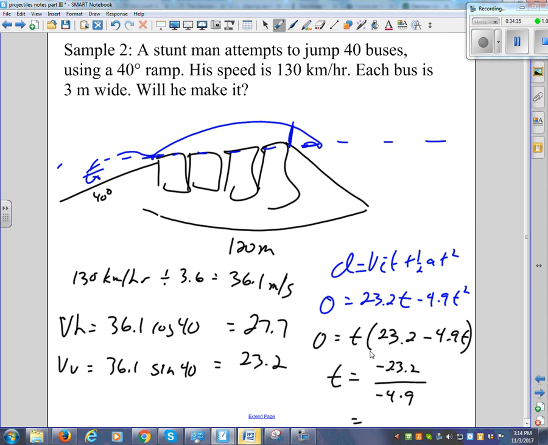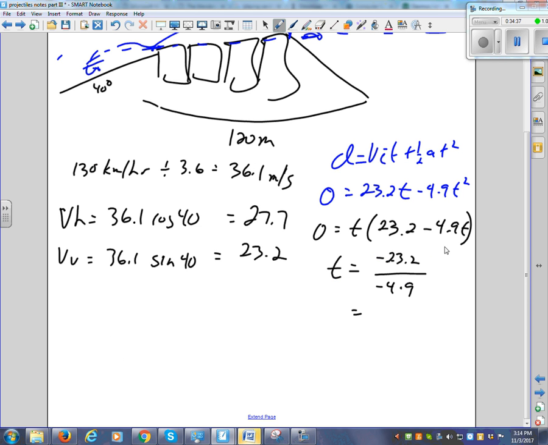The 23.2 has to go the other side. And then you're dividing by the one you multiply by. You always divide by the one you multiply by, right? 4.7 seconds.